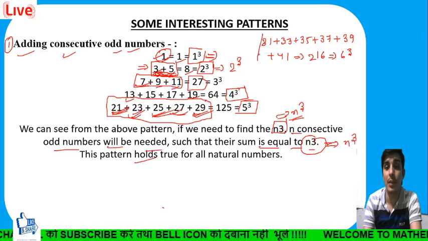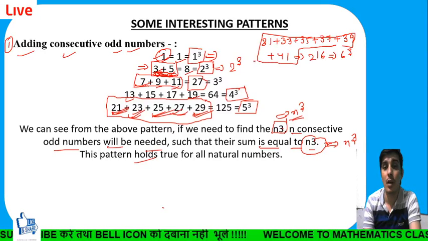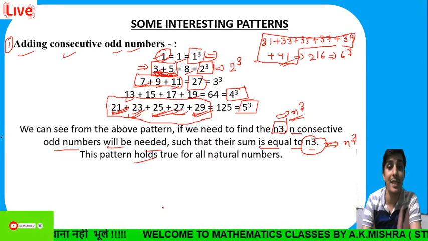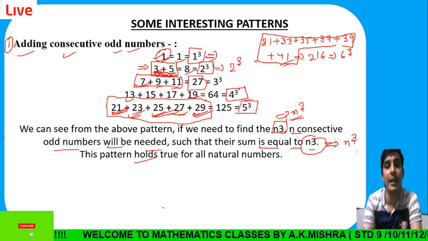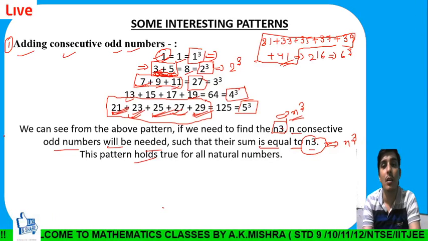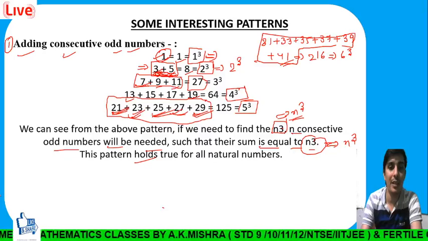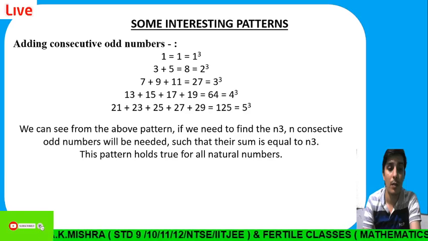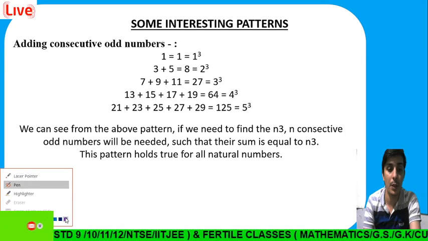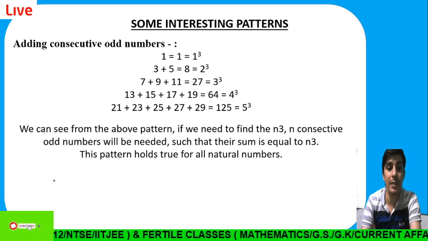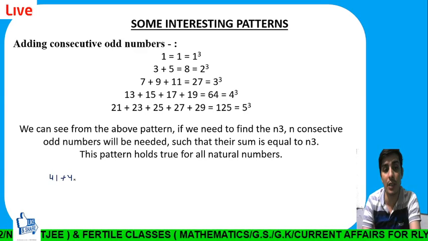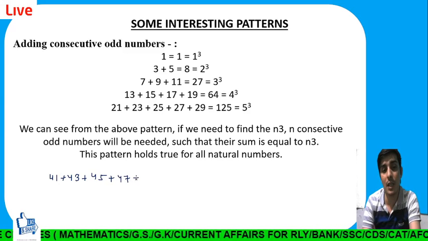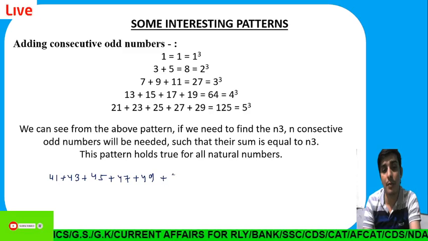After taking 6 numbers up to 41, after 41 we have to take the next 7 consecutive odd numbers, and after adding we will get the cube of 7. So we can write here 41 plus 43 plus 45 plus 47 plus 49 plus 51 plus 53.